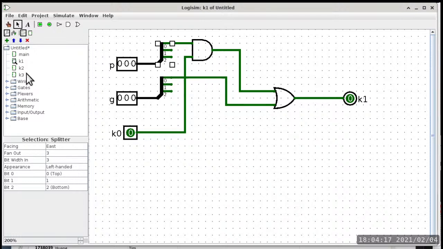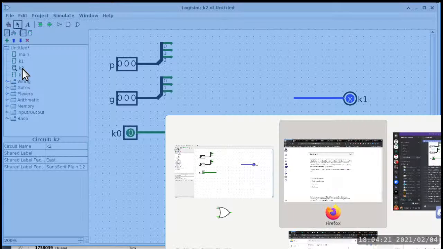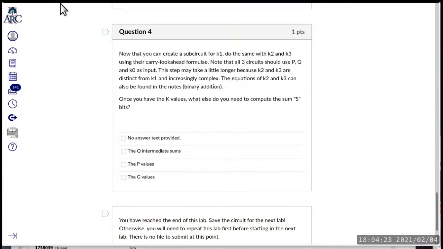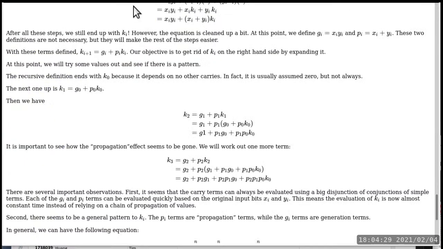All right. So now we get back to K2, and here is another important question, because some people ask what we do when we are making K2. Some people use the subcircuit of K1 inside the design of K2. That would defeat the whole purpose of having carry look ahead to begin with.